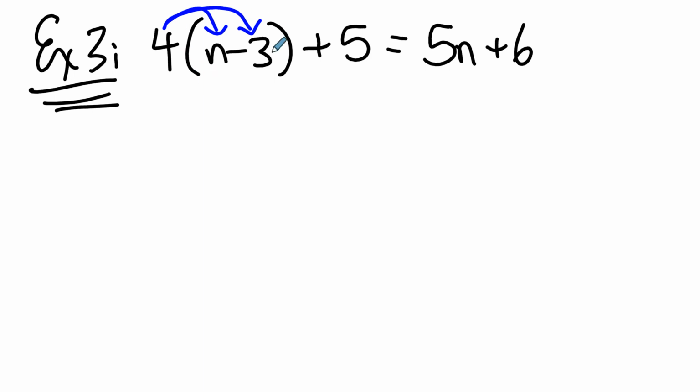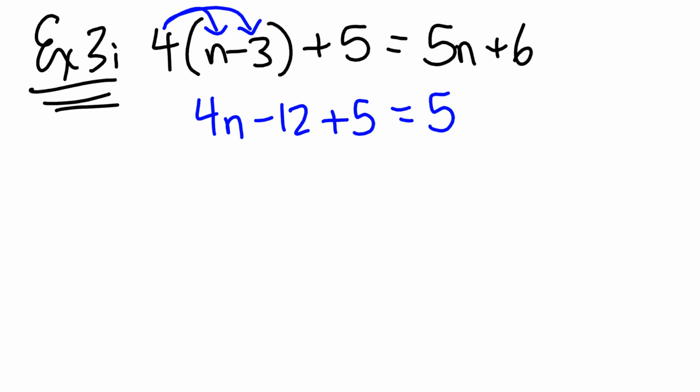We distribute it over the addition in the parentheses. That's a 4n, a minus 12, plus 5 equals 5n plus 6. And then we play the same game we've played before. We'll move the n things to one side and the constants to the other side.